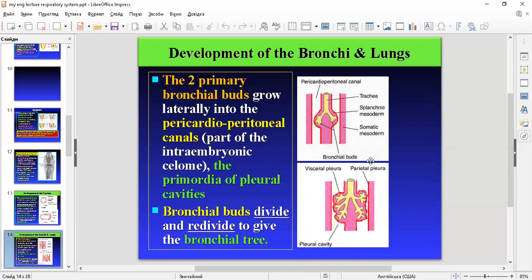On the picture, you can see pericardioperitoneal canal, trachea, bronchial buds.